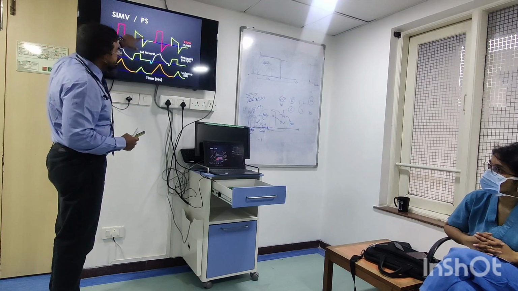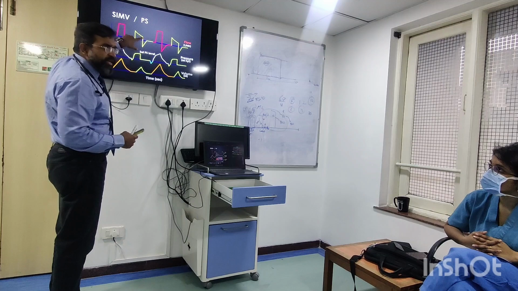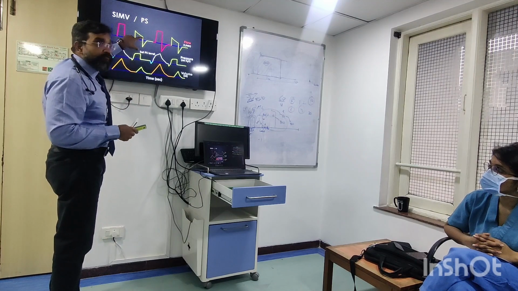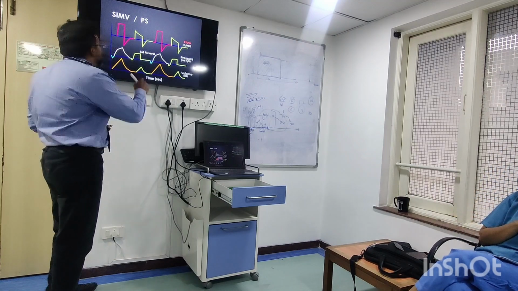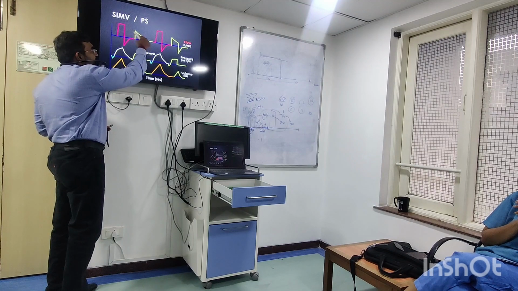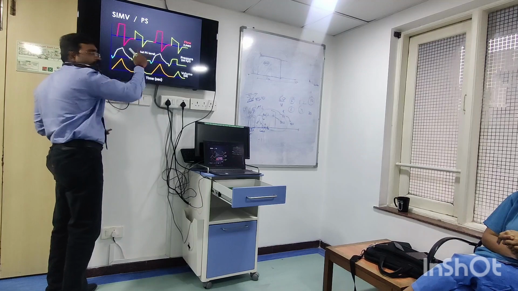What is happening over here? Something funny is that it is actually cutting down here. That means in most ventilators, a pressure supported breath is flow cycled. When I say flow cycle, my flow was reaching 100%, and once it reaches 25% of my 100%, it is cycling.